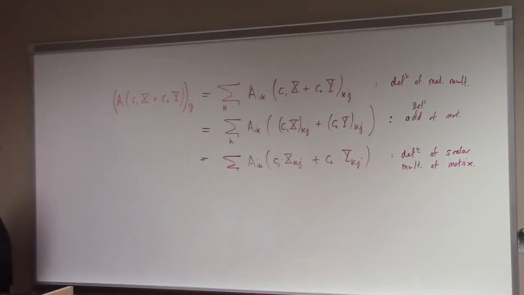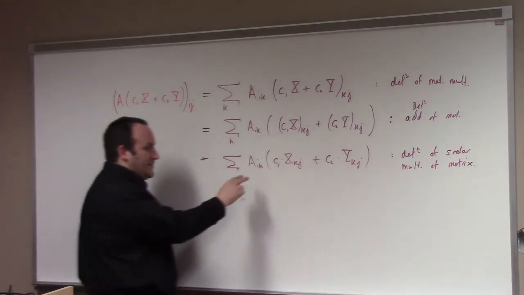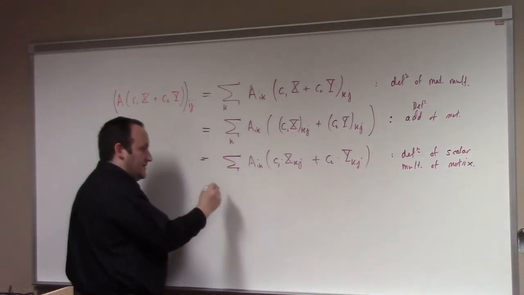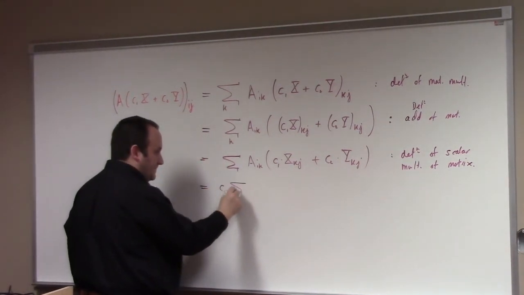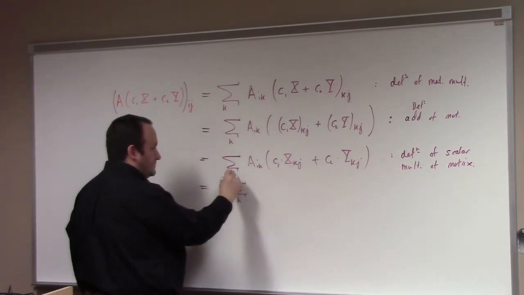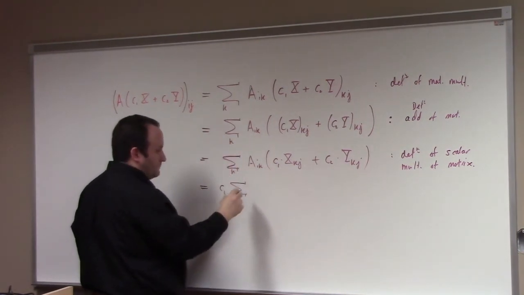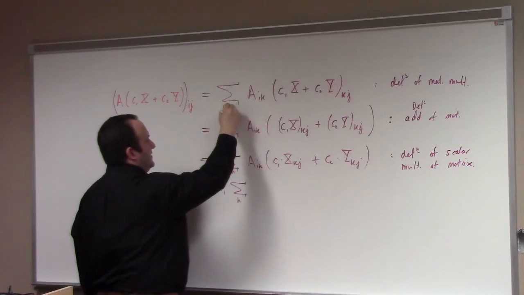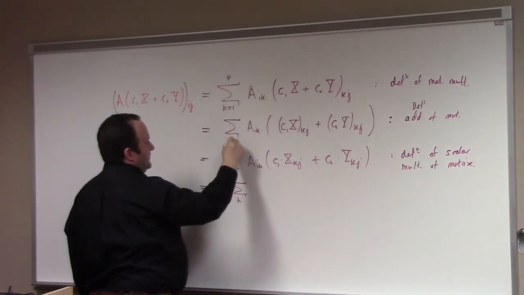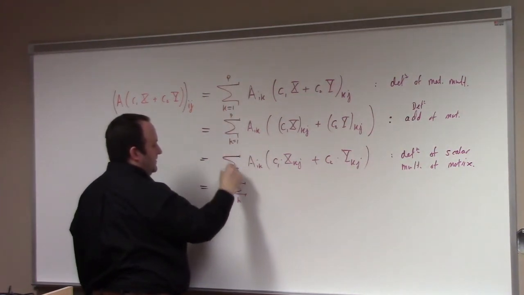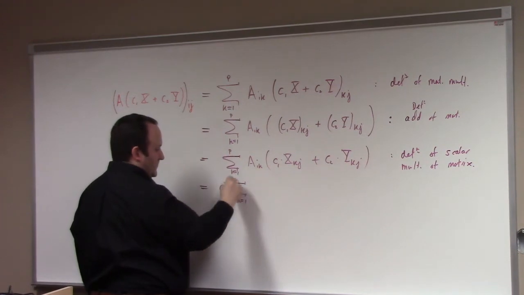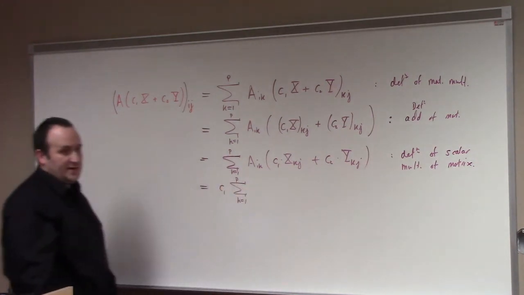Finally, now what am I looking at? These are all elements in some ring, so I can pull the C1 out. And of course, I should have had k equals 1 to p. See, not writing k equals 1 to p, it's entirely possible I wouldn't take off points for that.